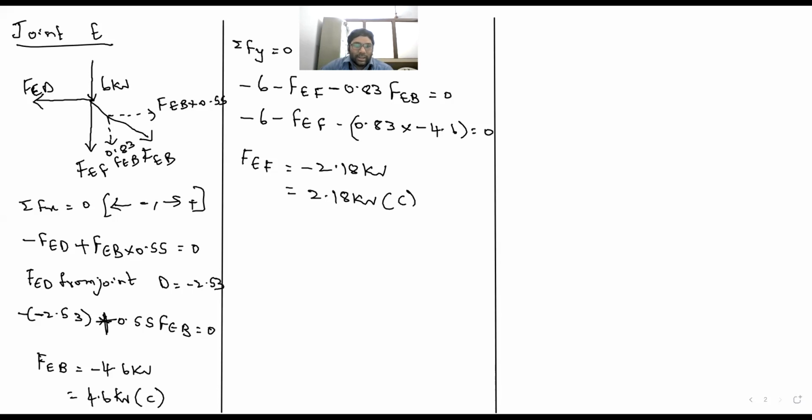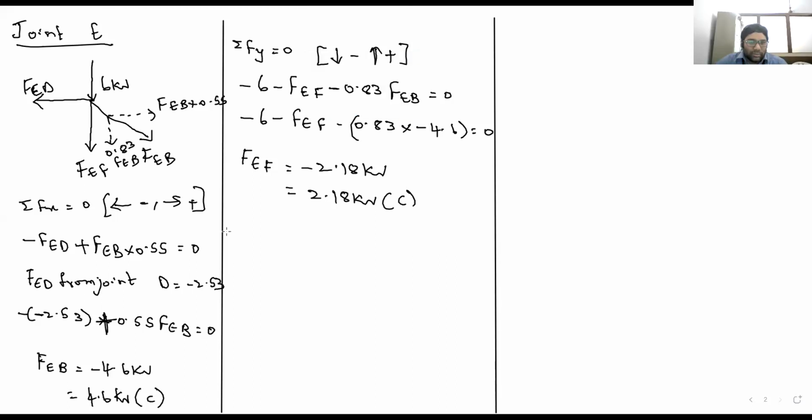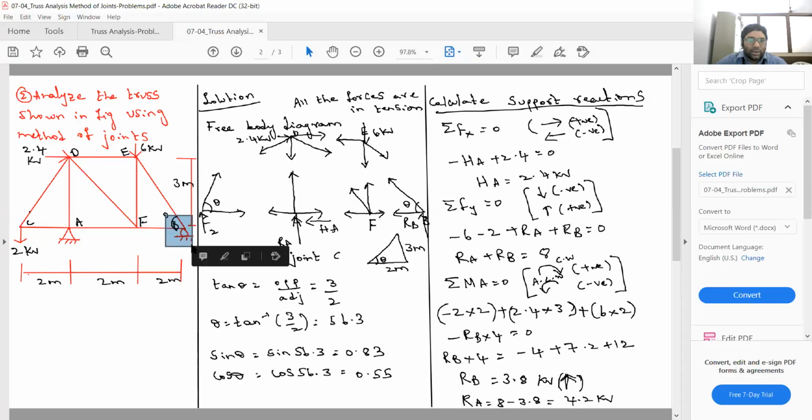Now finally, in the last step, what do we need? How many members are left? Let us finally take joint B. What are the unknowns? At joint B, what all do we have? We have the vertical reaction RB, FBE, FBF.